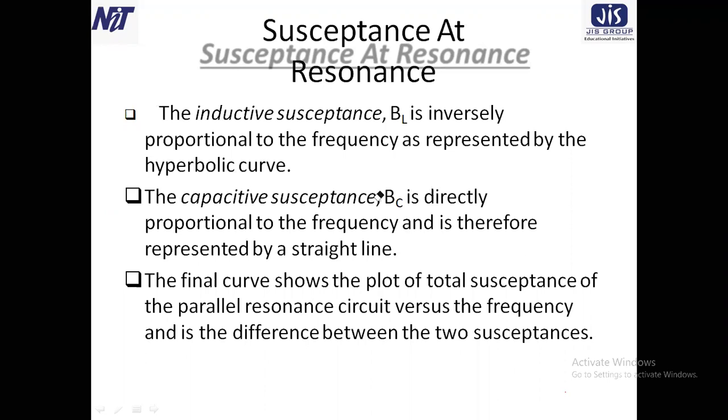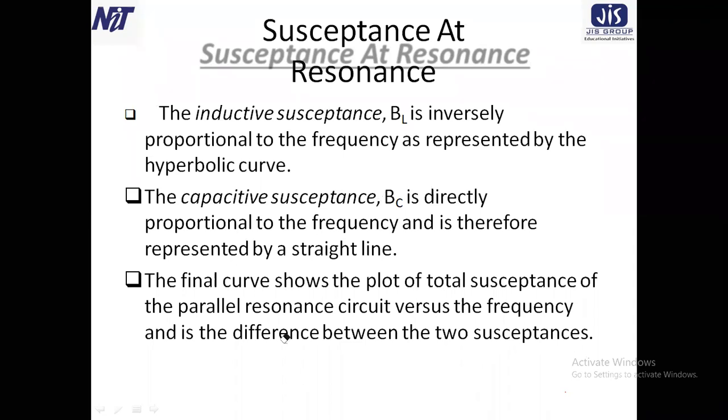The capacitive susceptance BC is directly proportional to the frequency and therefore represented by a straight line. The final curve shows the plot of total susceptance of the parallel resonance circuit versus the frequency, and is the difference between the two susceptances.